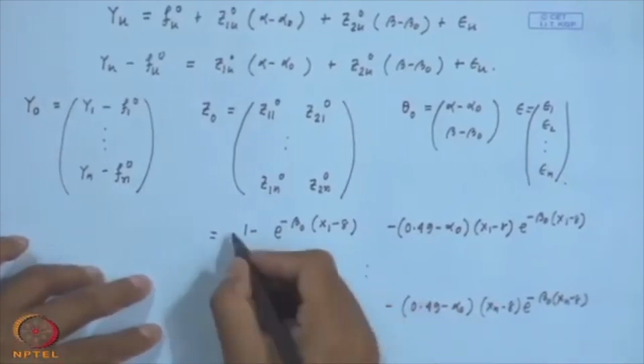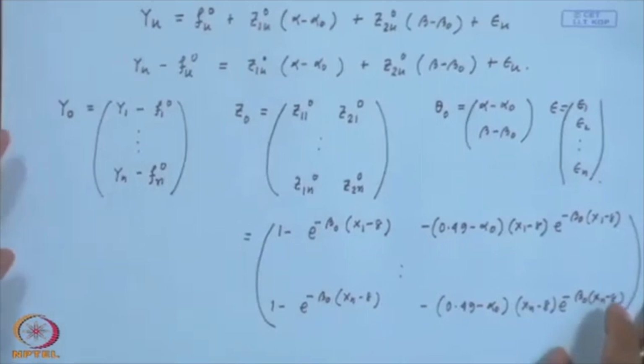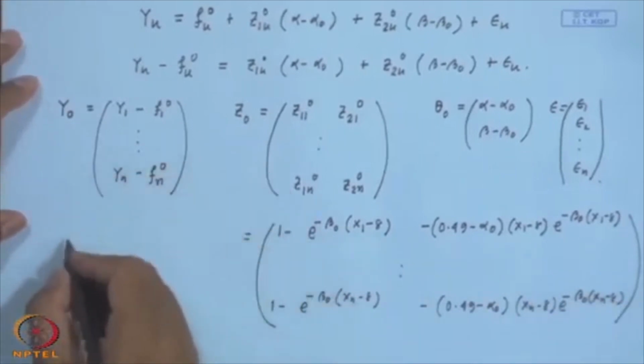Okay. So, this is what the Z naught matrix is.